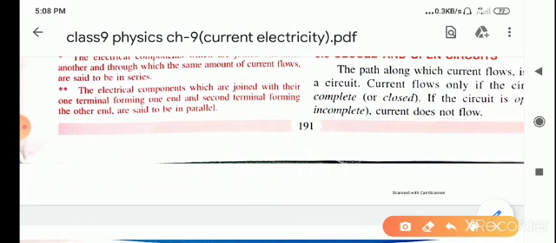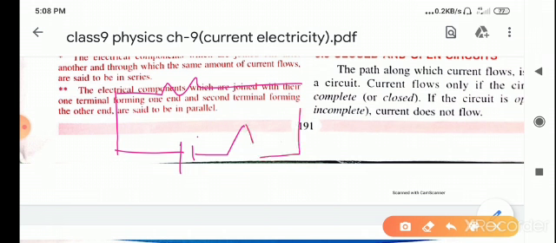If the key is open, then current will not flow. Therefore, it is an open circuit. Okay, children?